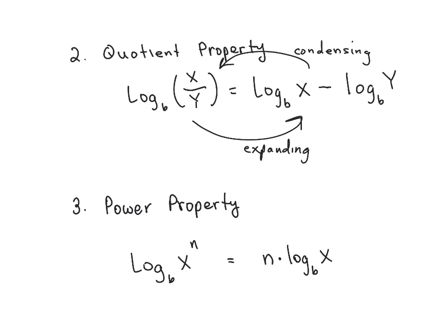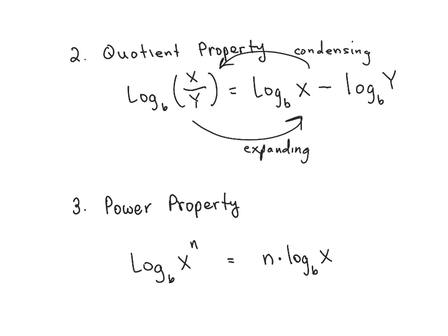However, in terms of condensing or expanding, this exponent can move down in front of the logarithm and become a coefficient, and that's exactly what's happened here. The exponent moves in front of the logarithm and becomes a coefficient, multiplying it.